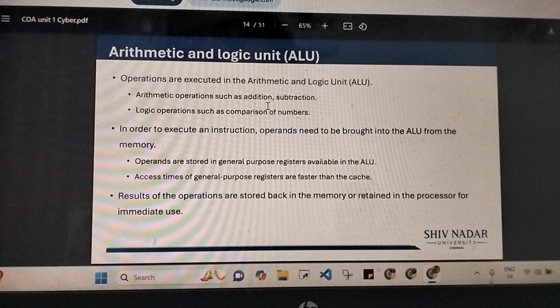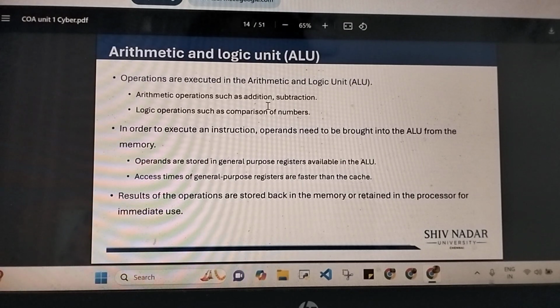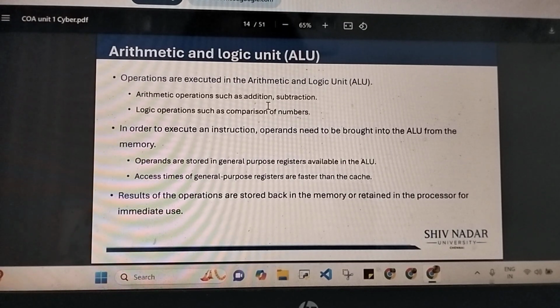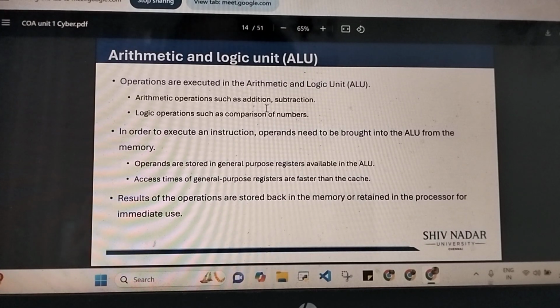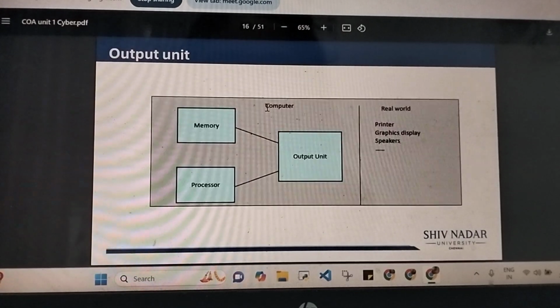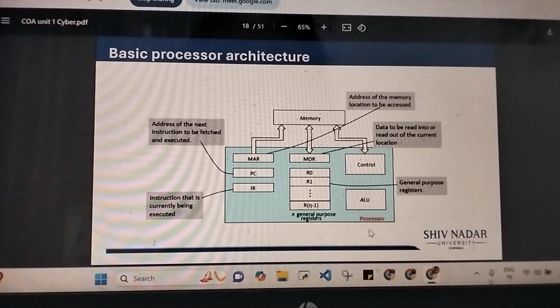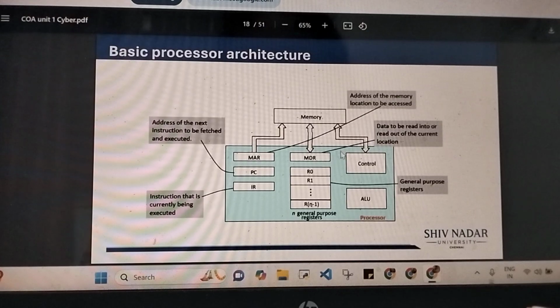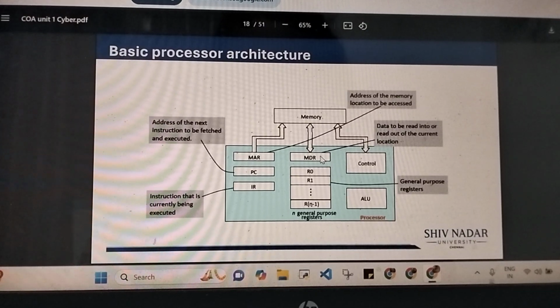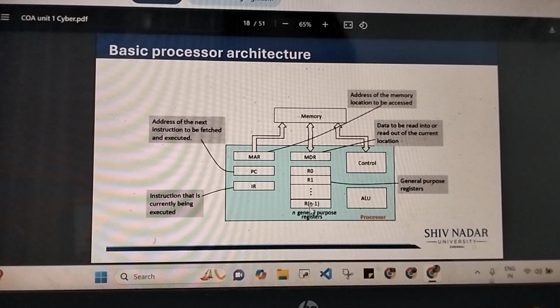Arithmetic is your math, logical operations are your comparisons: greater than, less than, equal to, greater than or equal to, less than or equal to, and so on. One important factor to be kept in mind about the ALU is it can only work with operands which are taken from the registers. In your CPU, we will have a diagram. This is your internal setup of your CPU. Here's the ALU, here's the control unit. These are some special registers which I'll be coming to, and these are your general purpose registers.